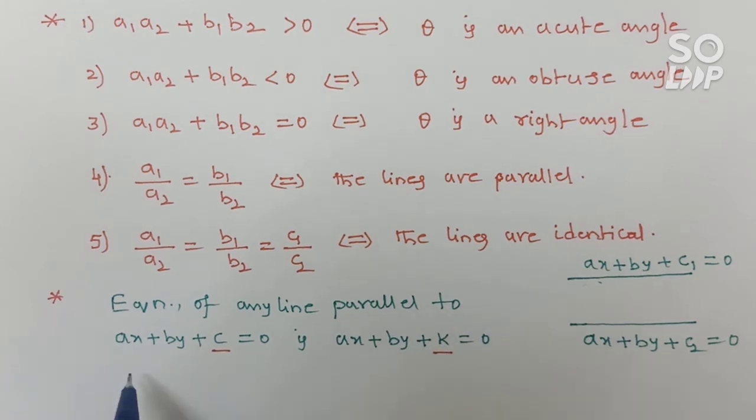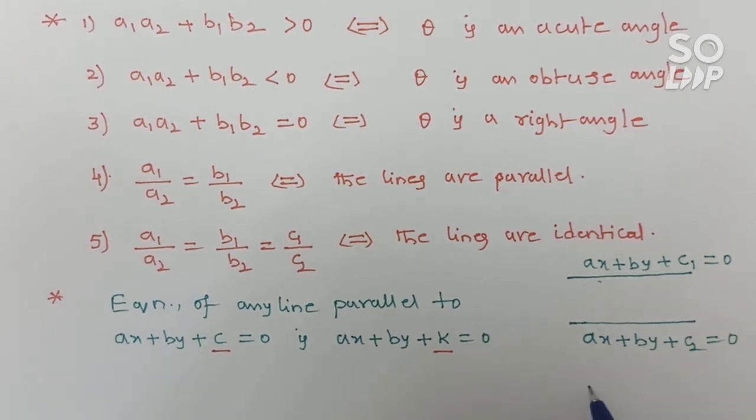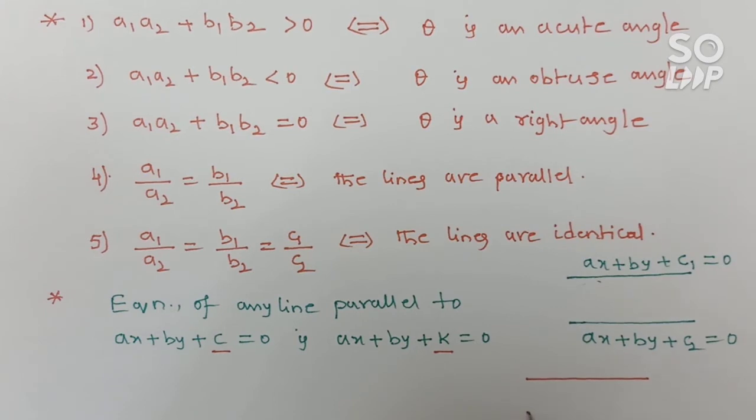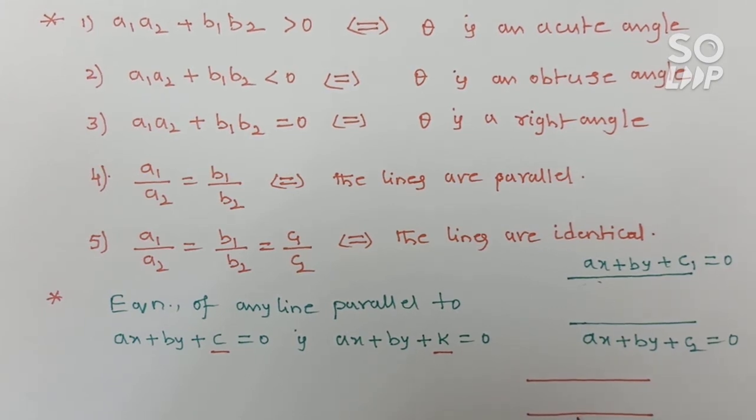Now suppose one line is given. Find the equation of another line parallel to this one and passing through the point x1 comma y1.